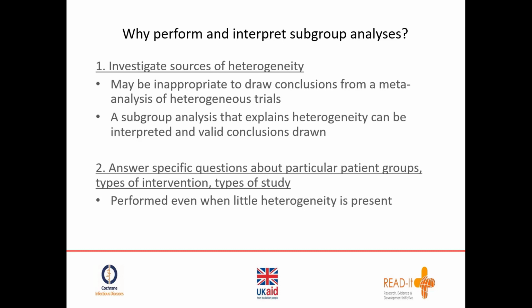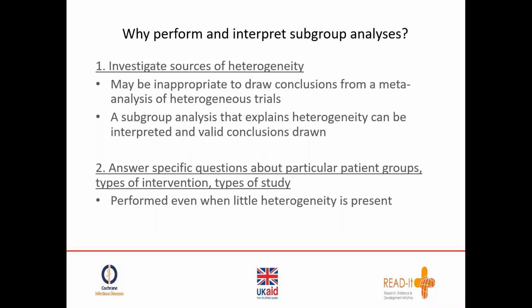So if you have a group of trials that suggest very different treatment effects, it might be inappropriate to draw conclusions from a meta-analysis based on a pooled result of all of those trials. However, if you conduct subgroup analysis and the subgroup analysis manages to explain all of the heterogeneity, then you'll be able to draw valid conclusions using the treatment effects for each subgroup.